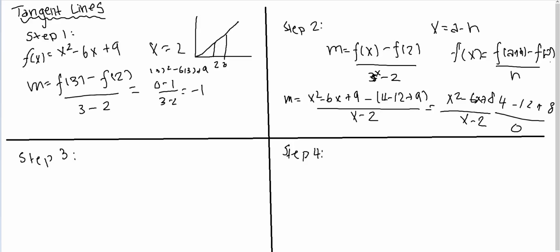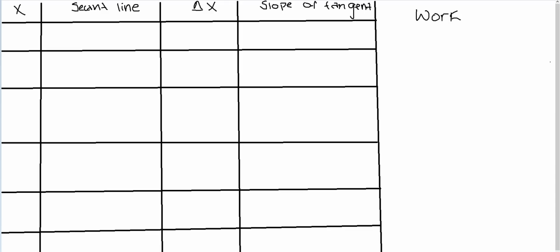So step 3, we are going to use a chart to help us approximate the value of the slope at the point of tangency at x equals 2. First we're going to start with our original point, 3. And we know that our secant line at 3 is equal to negative 1.